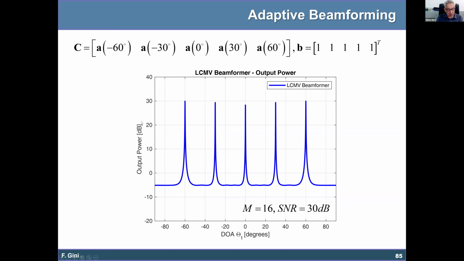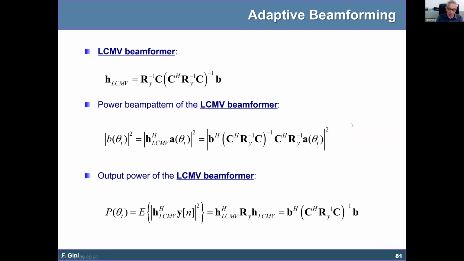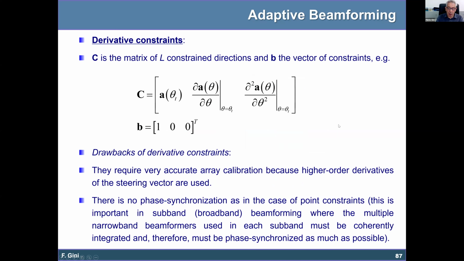So what I plotted here, be careful, is not the beam pattern, but the output power. Now, you can also plot the beam pattern if you want. I mean, this is the output power, this is the beam pattern. Sometimes we want the shape of the beam pattern around the steering direction to be flat in order to reduce the sensitivity to pointing direction errors.